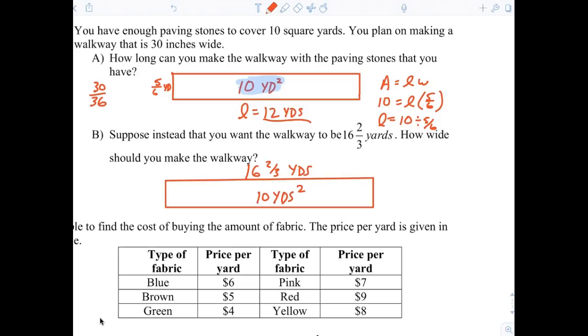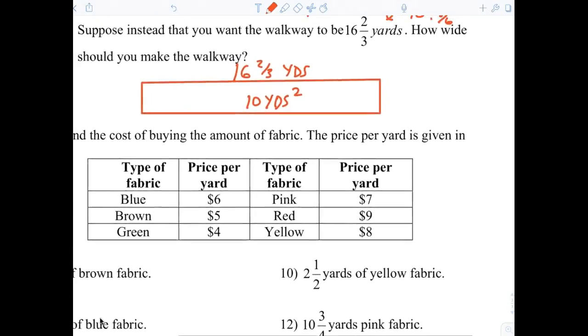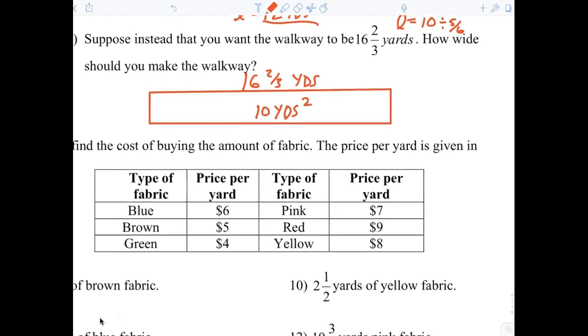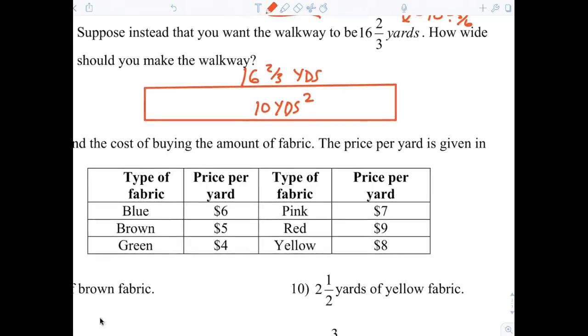What? Come on, what's the matter? Speak up now. How would you do the problem again? That's what we're doing right now. That's what we're talking about. Oh. So do you understand you have an area of 10 square yards, and you want your walkway to be 16 2/3 yards long.